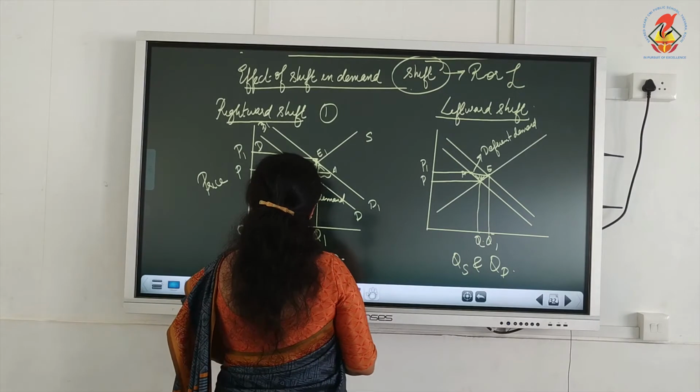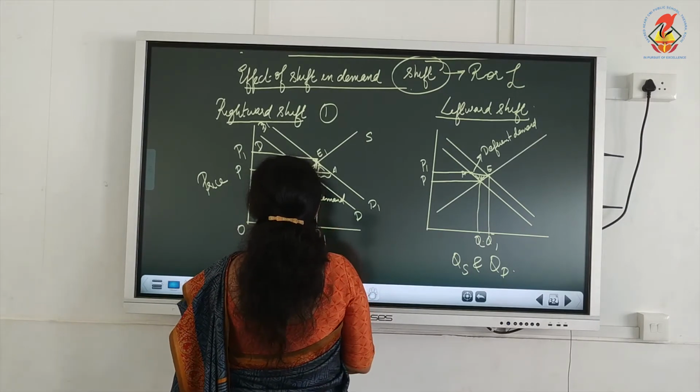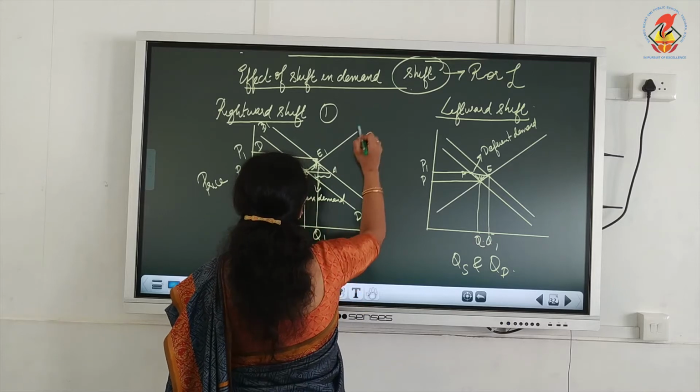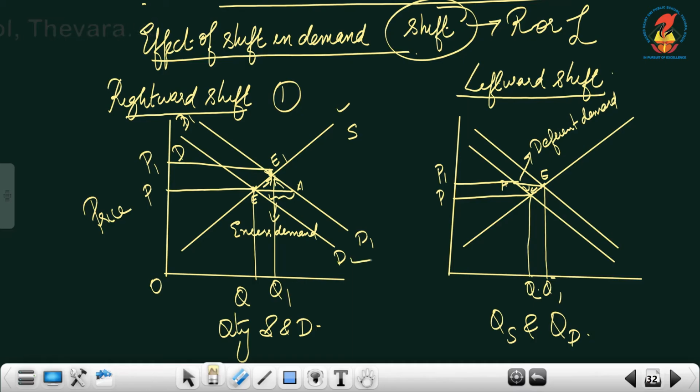Now this is a diagram which I have drawn for you. Here you can find the supply curve is an upward sloping curve, the demand curve is a downward sloping curve. The initial demand curve is DD.